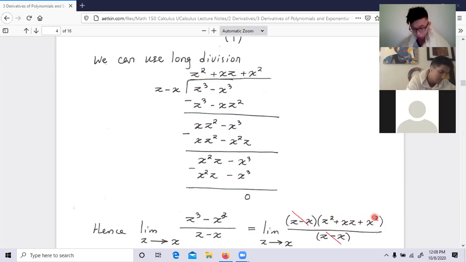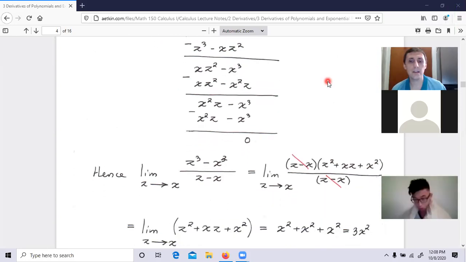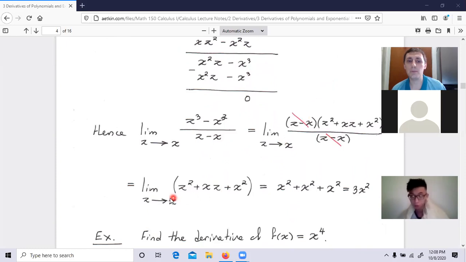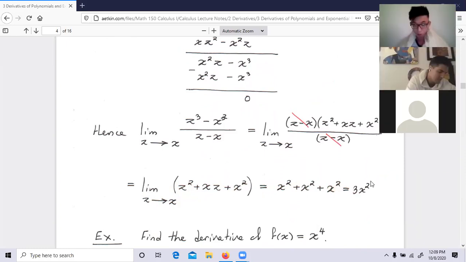Now z has power 0. Yes? And then I can cancel it, and then I push the limit as z goes to x of z squared plus xz plus x squared. Each of these terms becomes x squared. So we have 3x squared. So that's why this is 3x squared.